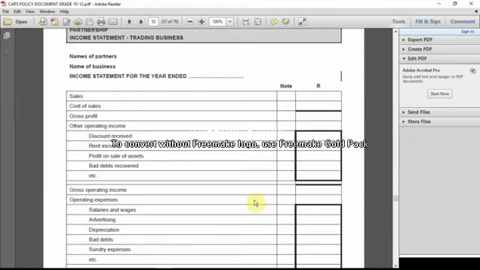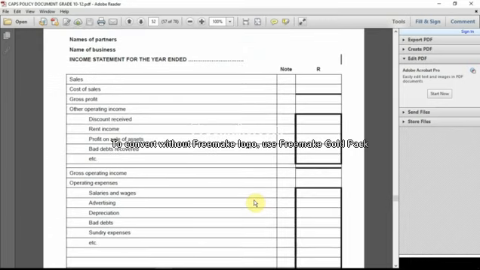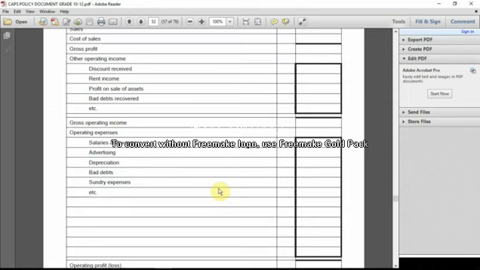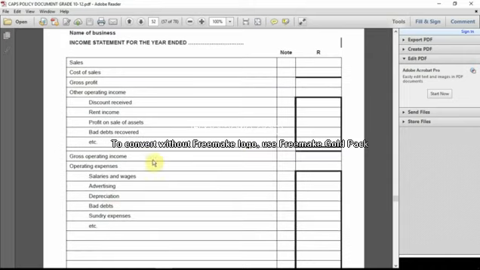So first, the income statement. One thing that we need to contrast between the income statement and the balance sheet is that the income statement is over a period of a year, normally a financial year. So it shows flows.